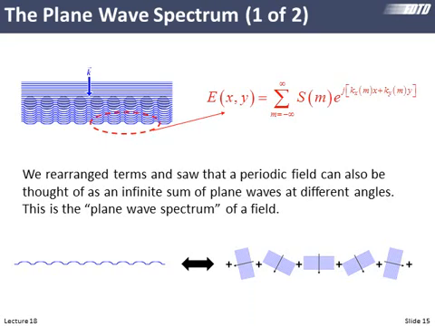So, it turns out, if we have a periodic electric field, we can also think of this as a sum of plane waves all at different angles. And so we call this the plane wave spectrum. So really, when an electromagnetic wave travels through something that's periodic, that periodic structure chops up the wavefront, and suddenly we get diffraction into these discrete directions.